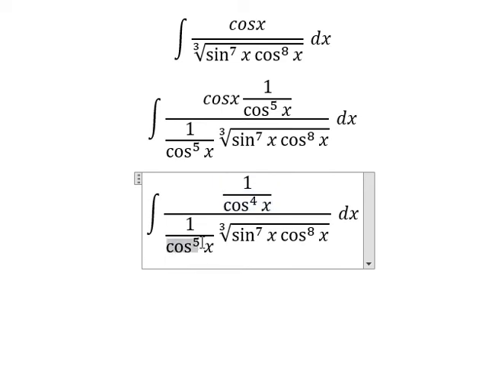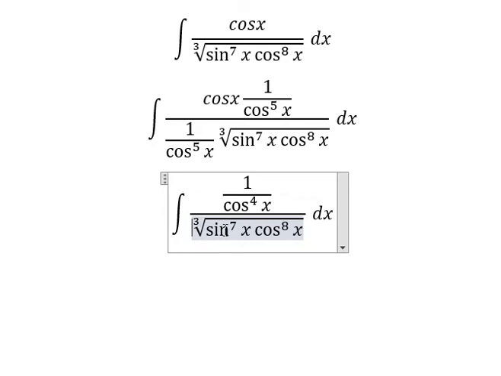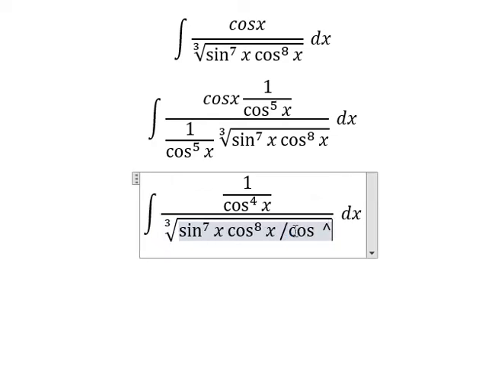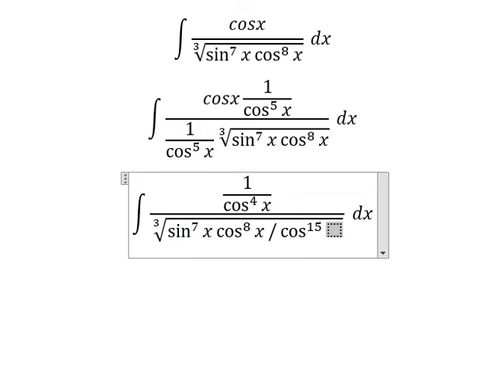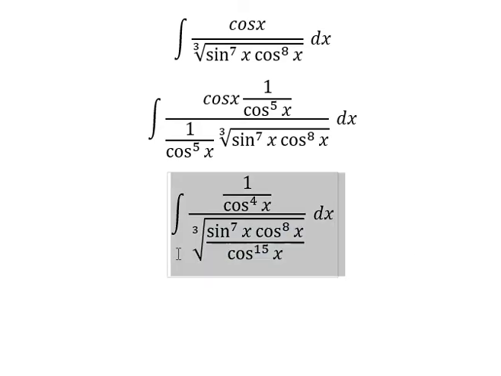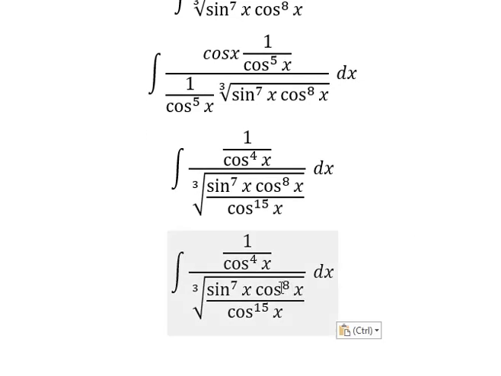So this one will go inside the cube root and we have cosine x to the power of 15, equal 15 divided by 3, we have number 5. So we simplify cosine x to the power of 8 on numerator and denominator.